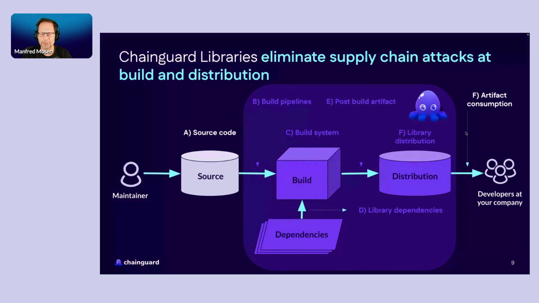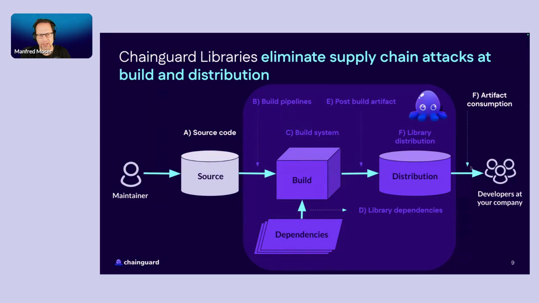And what Chainguard Libraries does is it eliminates those supply chain attacks that go anywhere between the source code and you. So everything that's dealt with on the open source ecosystem, like the build on GitHub Actions or whatever, someone's local build on their computer, the credentials to go to the distribution, like the npm registry or the Python package index, and then the transport from the distribution, that public repository, into the network of a company, all that stuff is eliminated by Chainguard Libraries because we take care of all of it.